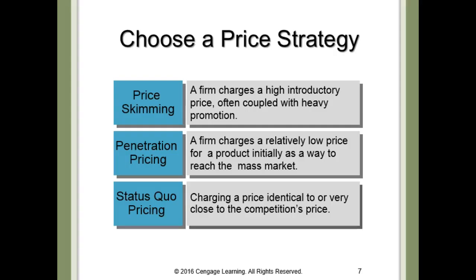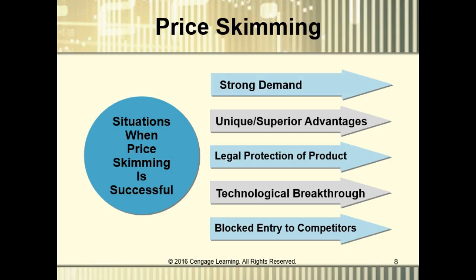Companies that plan for creating a price strategy can usually select from 3 basic approaches: price skimming, penetration pricing, and status quo pricing. Price skimming is a pricing policy where a firm starts out by charging a high price, often coupled with heavy promotion.